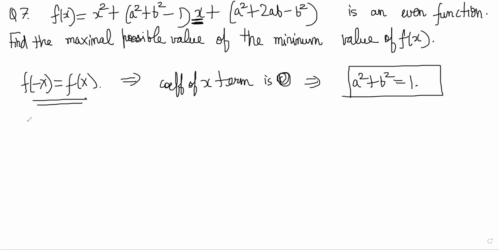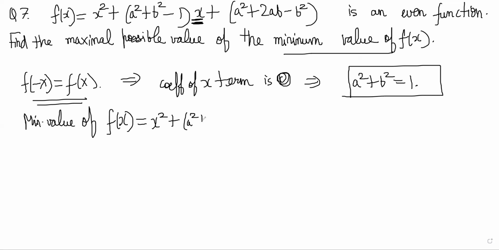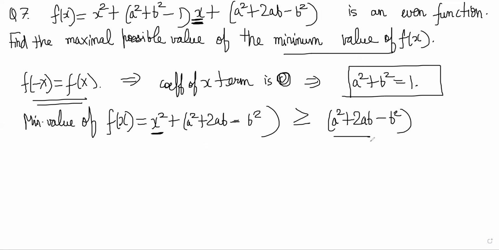And now the minimum value of f of x is supposed to be found, right? Minimum value of f of x, which now looks like x square plus a square plus 2ab minus b square. It is obvious that x square is always greater than or equal to 0. So this is always greater than or equal to a square plus 2ab minus b square. So the minimum value of f of x is this.